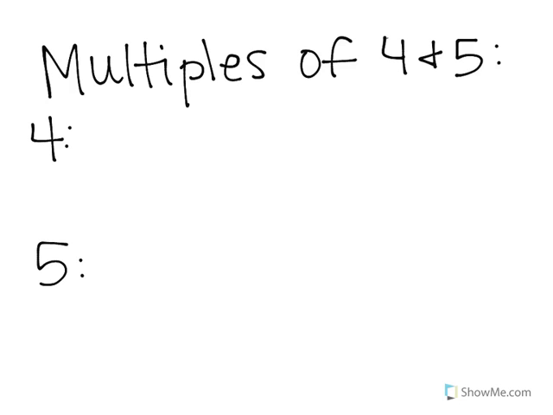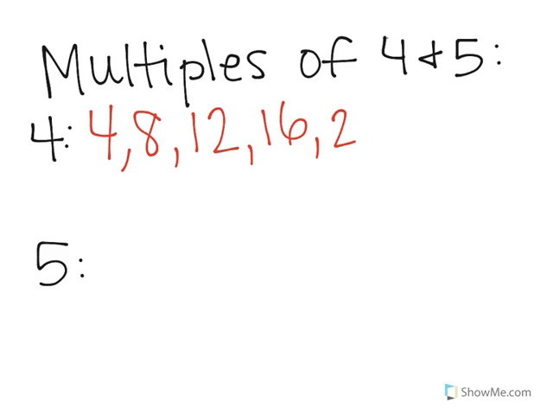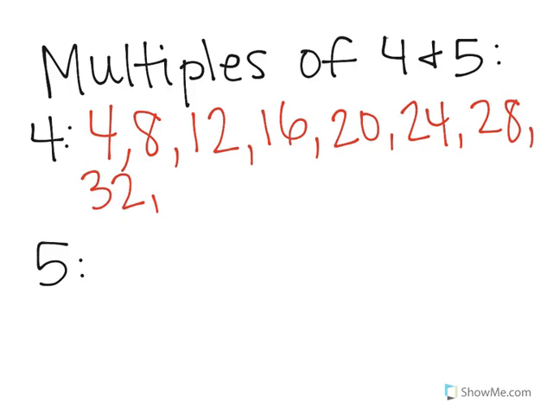Now multiples, this is when you skip count. So usually we like to do the first 10 multiples of a number. So if I were skip counting by 4s, I would do 4, 8, 12, 16, 20, 24, 28, 32, 36, and 40.